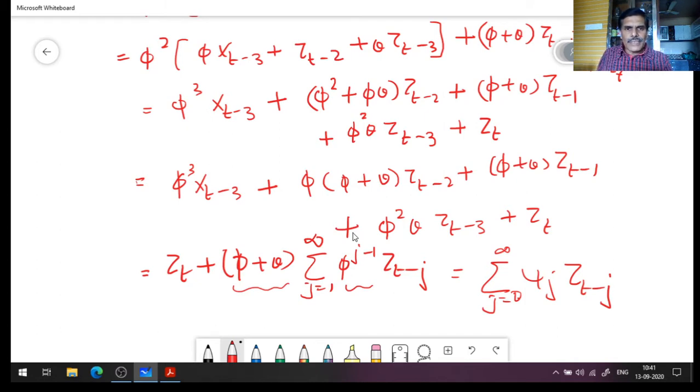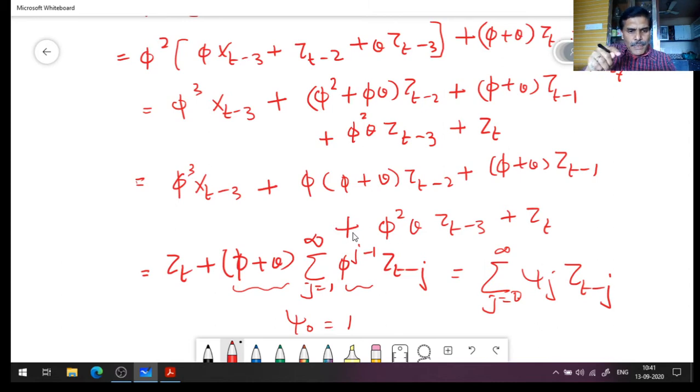So psi naught is just 1, because psi naught is the coefficient of zt, and that is just 1. Then you will have psi 1, which is the coefficient of zt minus 1, and psi 1 you can see is phi plus theta; if you put 1 here, this is 1. So the coefficient is coming out to be phi plus theta, etc.